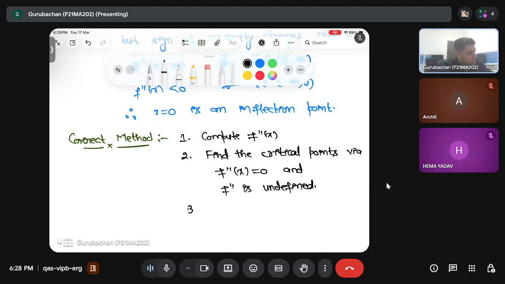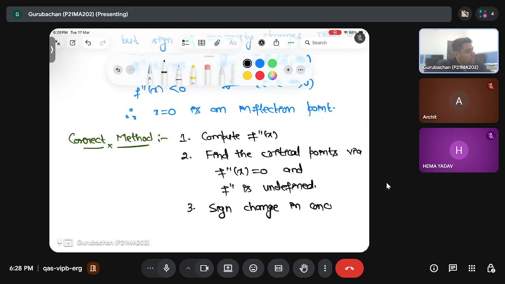Now the last task is, obviously, we are giving the possibility of two candidates. Either our double derivative should be 0, or, from the above example, our double derivative should be maybe undefined at that point. Then at last we see the sign change in concavity.